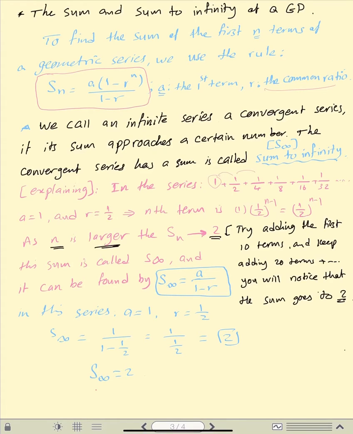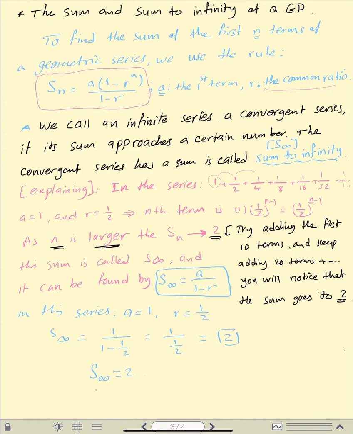So the nth term is a times a half to the power n minus 1. Just focus here for seconds on this. As the value of n gets larger, what do you mean by increase n? This will be 1 over 64, 1 over 128, and so on.